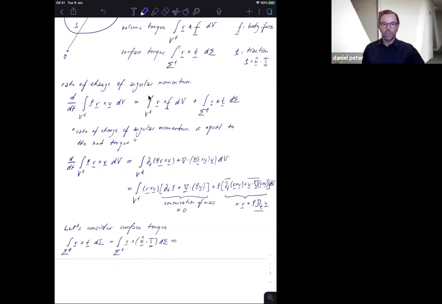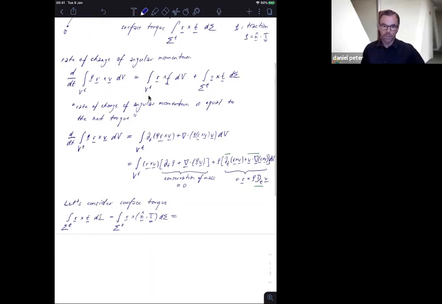And now comes a bit of a complicated expression when we want to rewrite this as a volume integral. We can use the divergence theorem, but there are terms that arise due to this cross product.